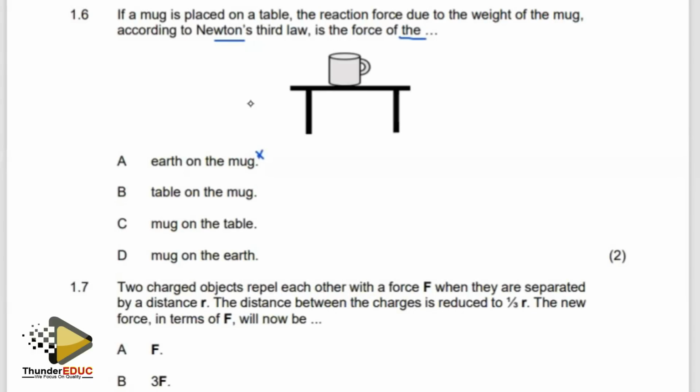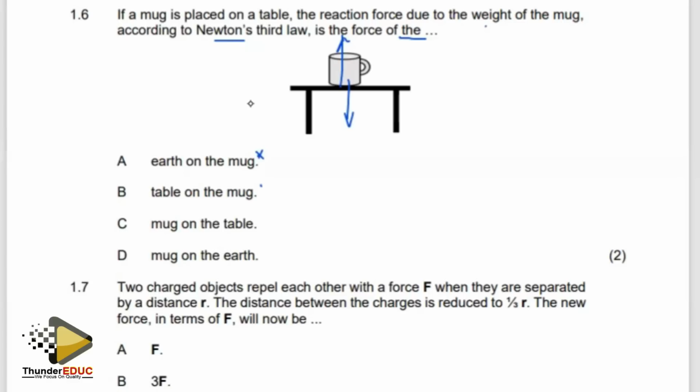No. Remember, with Newton's third law is that action and reaction will be equal but opposite. Okay? They told us the weight of the mag. Is it the table on the mag? No. If the weight is acting downwards, then that must be upwards.